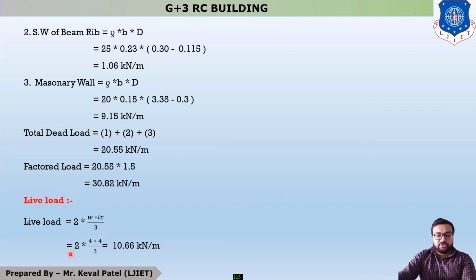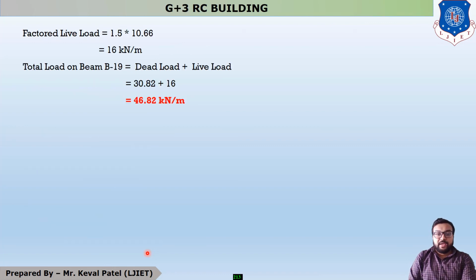Now 2 is constant, W is 4, Lx is equal to 4 divided by 3. So students, after putting all these values, we will get our answer 10.66 kilonewton per meter. But this live load is unfactored load. So our factored live load is 16 kilonewton per meter.